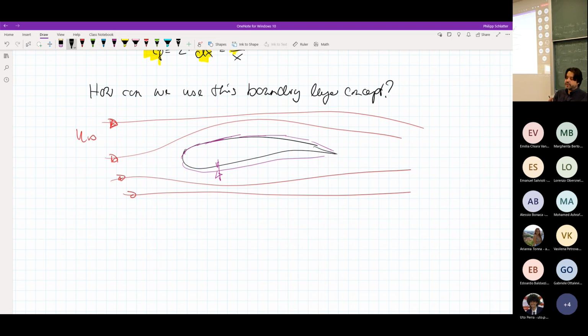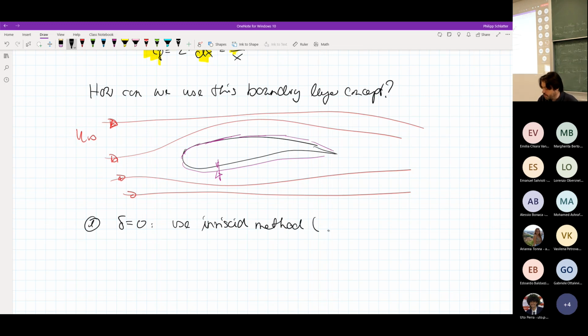Therefore, using this boundary layer concept, you would start an iterative process, in the sense that in the first step, you would just assume there is no boundary layer. You don't know what the boundary layer is, so there is not really anything you can assume, so you just say it's 0. And then you would use an inviscid method.